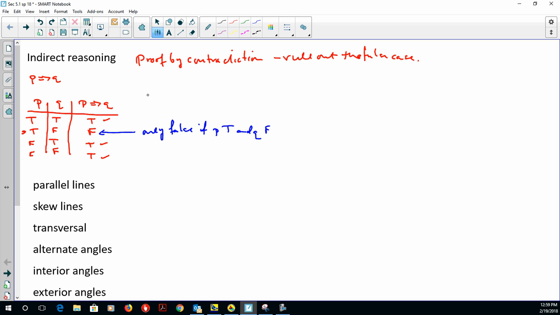So basically what a proof by contradiction does is we suppose that P is true and Q is false. And then we do direct reasoning, ordinary old deductions.